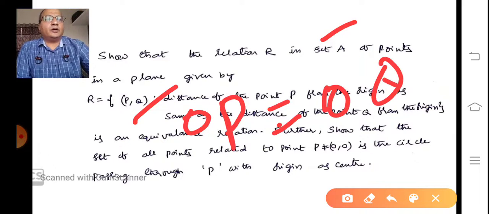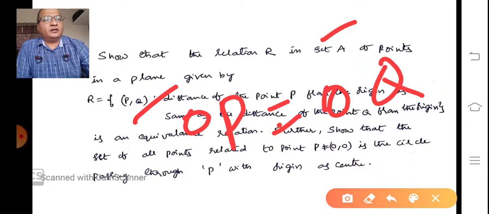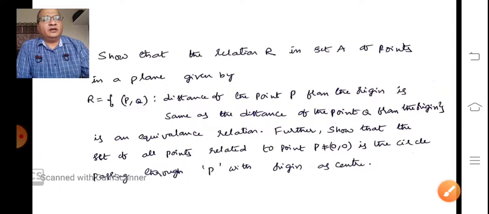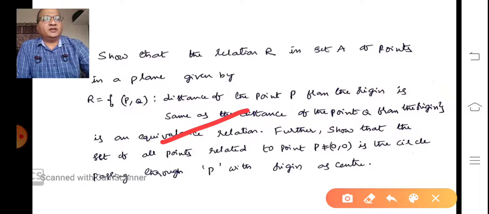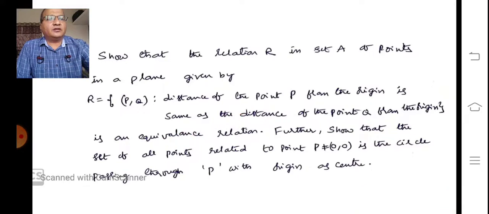Suppose O, P, Q are any 2 points in the plane, then OP is equal to OQ is the relation given. Along with that, we have to show this is an equivalence relation. Further, show that the set of all points related to the point P is a circle passing through P with the origin as its center.